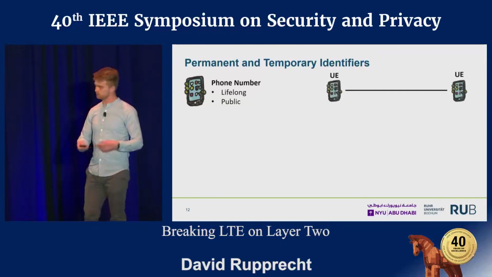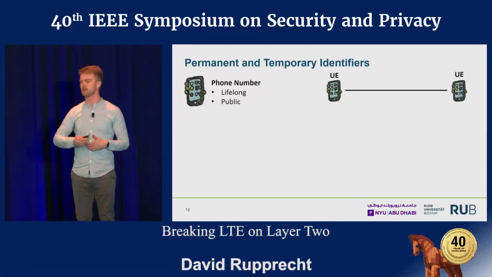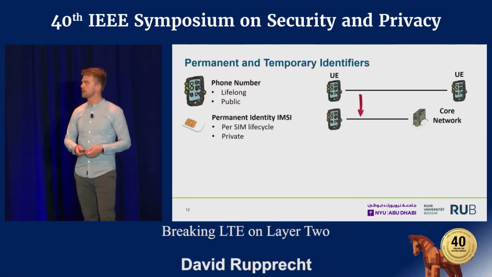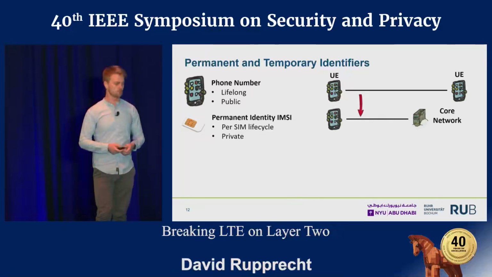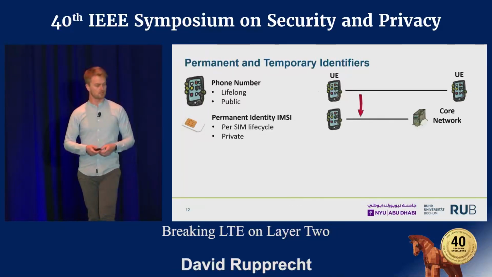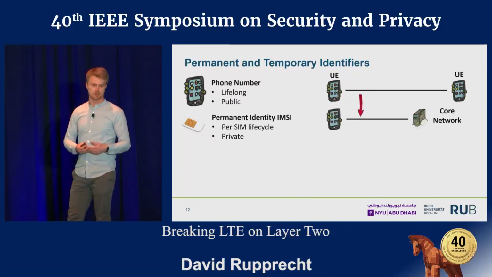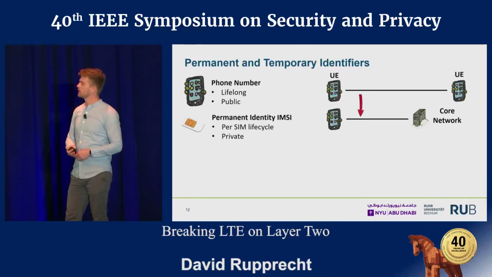It's basically on layer 8, so we can identify each other from UE, which is the phone in LTE, to UE. Then we have the permanent identity, called IMSI, which is only private between your phone and the core network. So there should be no attacker able to obtain this IMSI.